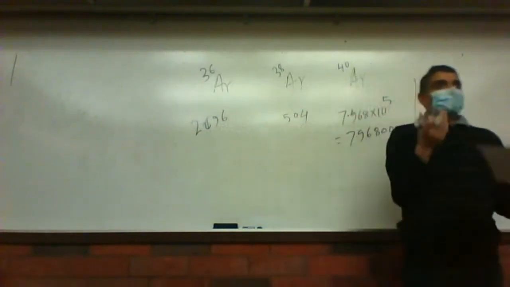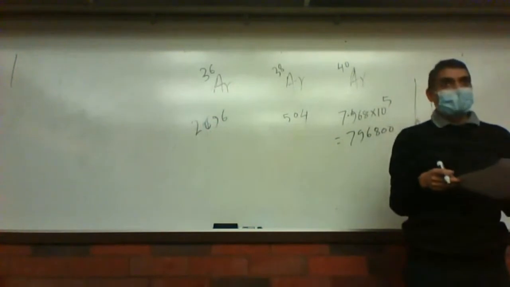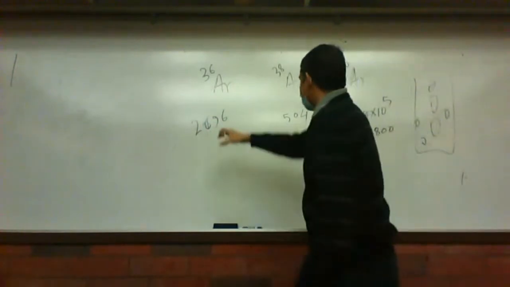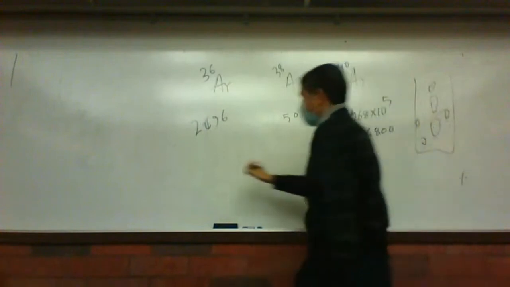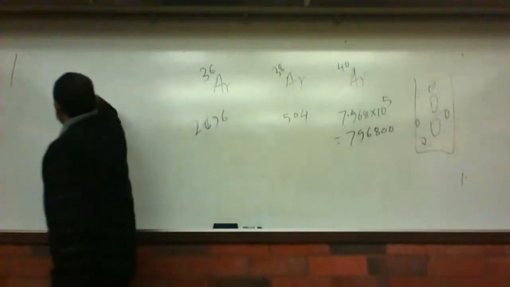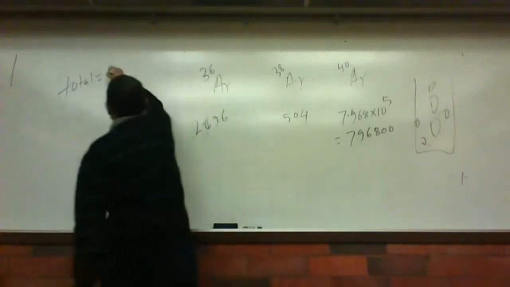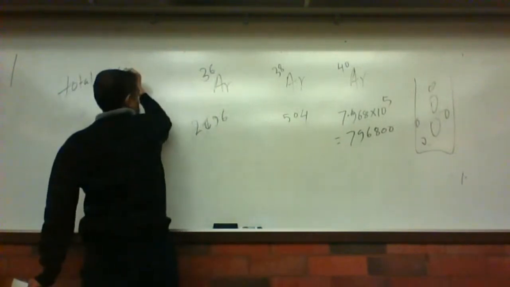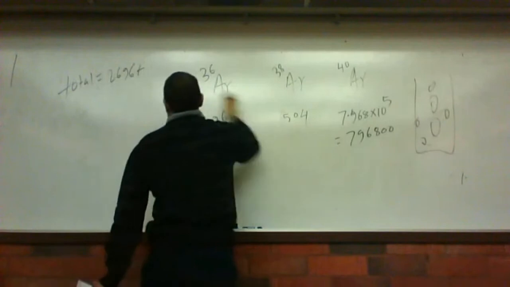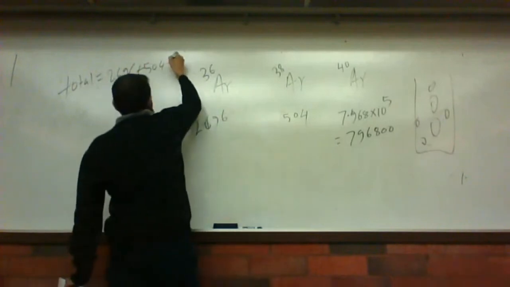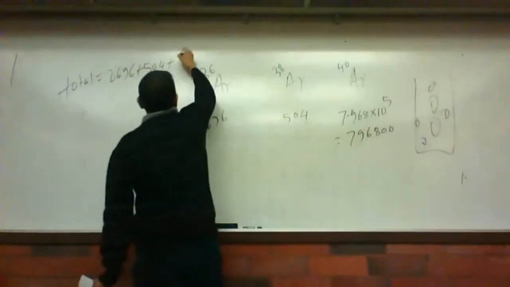And now I need to find the percentage abundance. Percentage abundance means sum all. So how many atoms are there in total? The total number of atoms is 2696 plus 504 plus this one, 796,800.